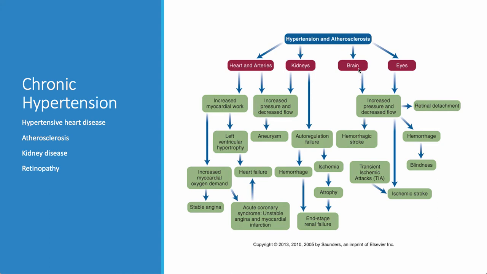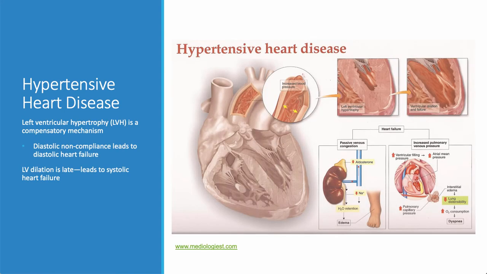The brain gets an effect from hypertension and atherosclerosis too, because of increased blood pressure causing higher incidence of hemorrhagic stroke, and all of the vascular issues that are associated with hypertension can also lead to ischemic stroke too, right? Which is the most common of all the strokes. And then, of course, the eyes can have an effect from chronic hypertension as well, and we certainly don't want people becoming blind. So those are all the reasons that we want to treat hypertension aggressively.